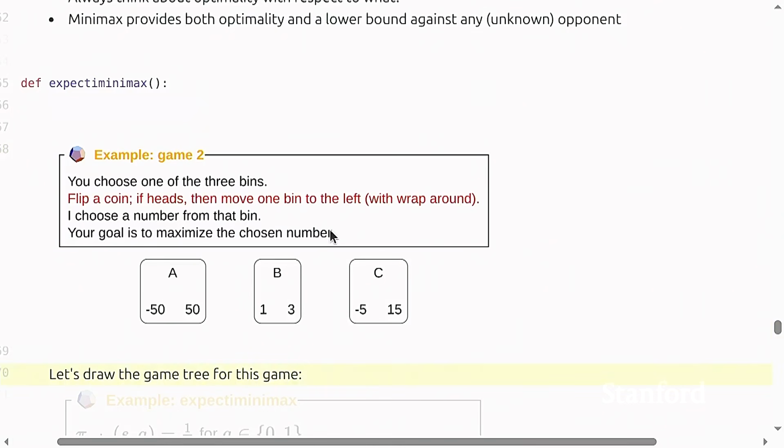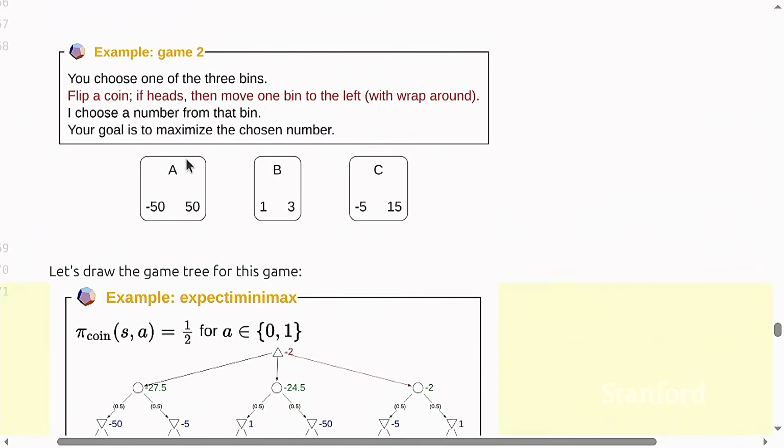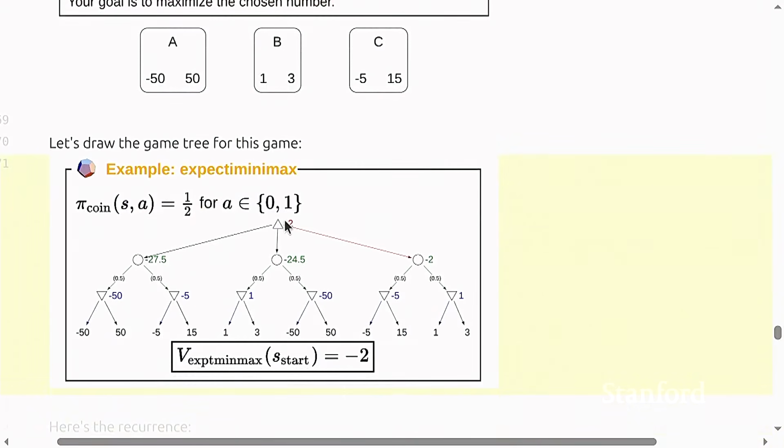So to model this game, we can just draw the game tree. I'm going to introduce a quote-unquote policy called coin, which chooses tails with half probability and heads with another half probability. So what's happening here is that suppose you choose A, then this is a fixed policy. That's why it's a circle. I'm going to choose either heads or tails.